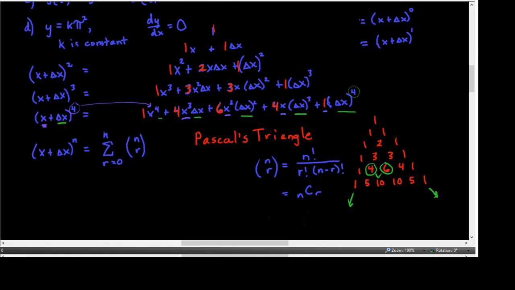And that calculation of n choose r, the nCr, stands for the number of combinations you can produce given n things and choosing r of them at a time. And that's how you get the coefficient.